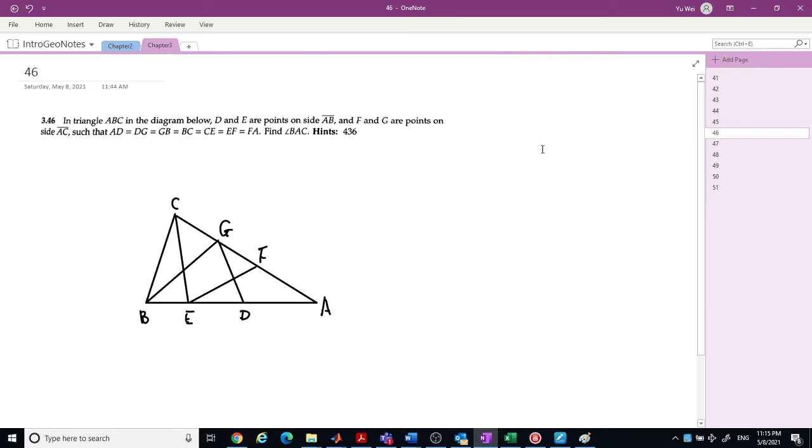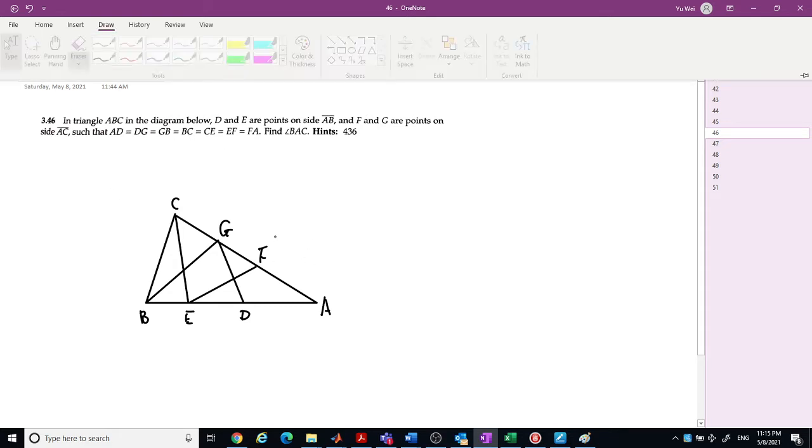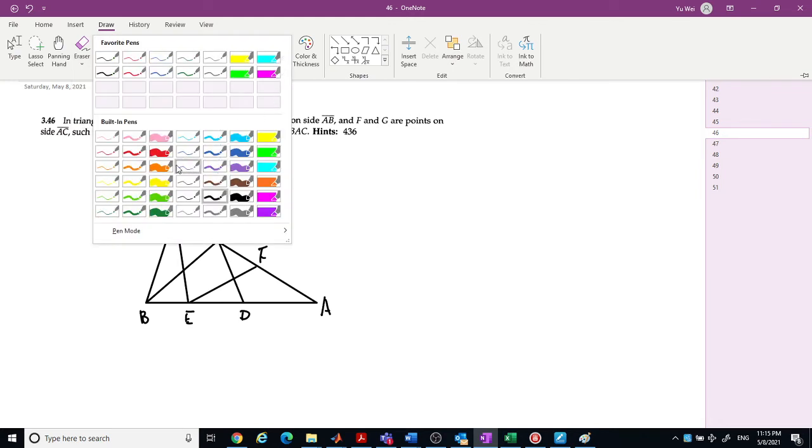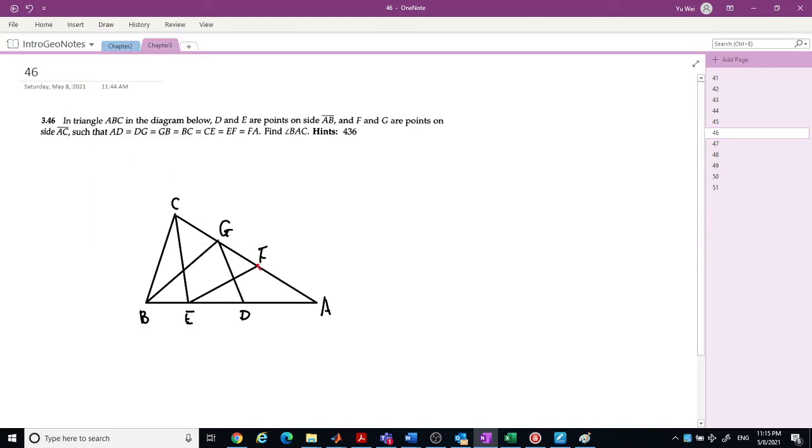So it tells you some equal sides, right? Let me draw it for you. Let me highlight the equal sides first. So we have AF equals AD, equals GC, equals this one, CE, equal this one, equal this one, and equal this one.